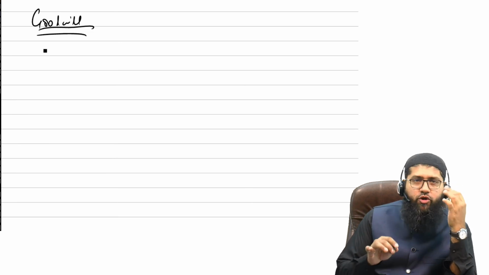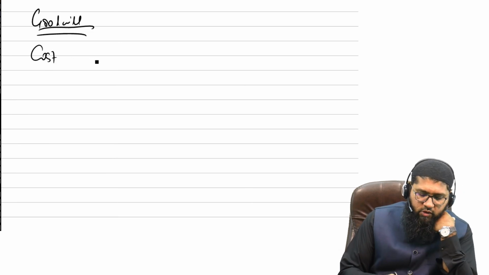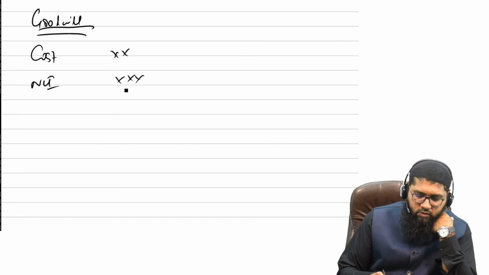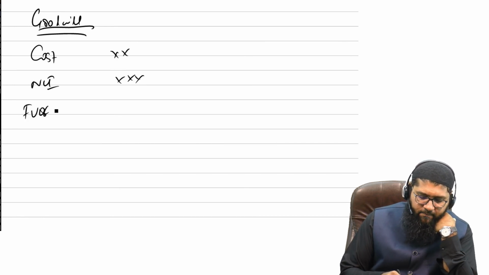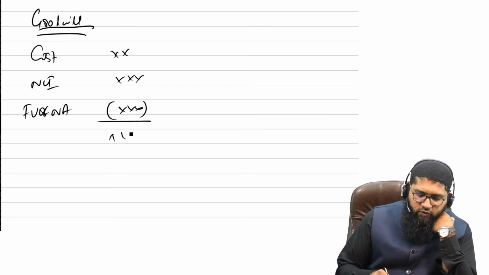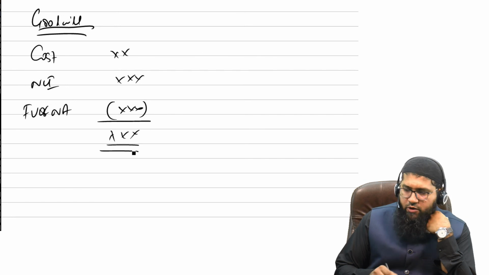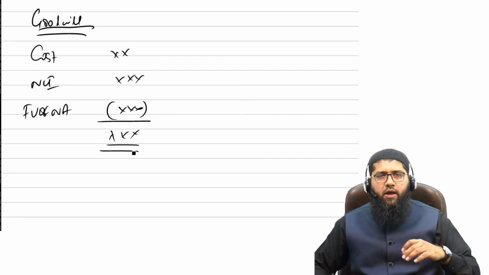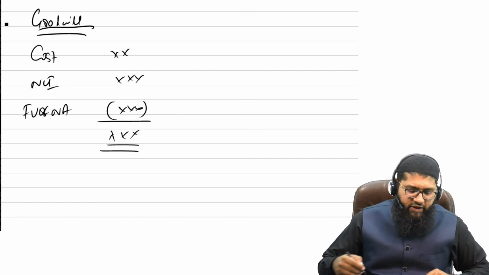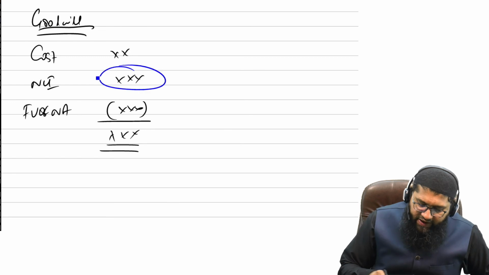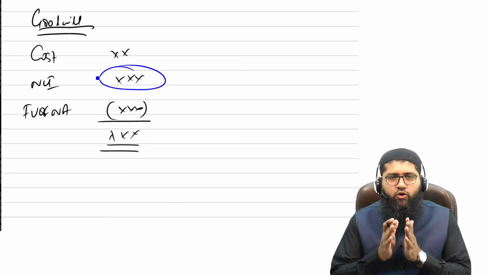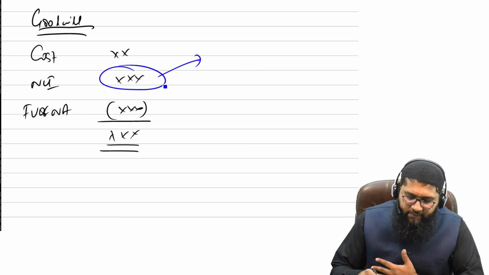Okay, let me show you the difference. This is cost. This is NCI. This is fair value of assets. So whether you prepare the full goodwill or the partial goodwill, the formula is the same, right? That's what is confusing you. Now, NCI could be measured using two methods.